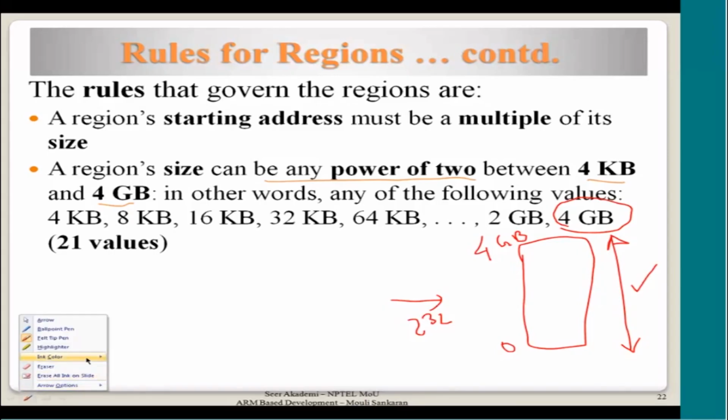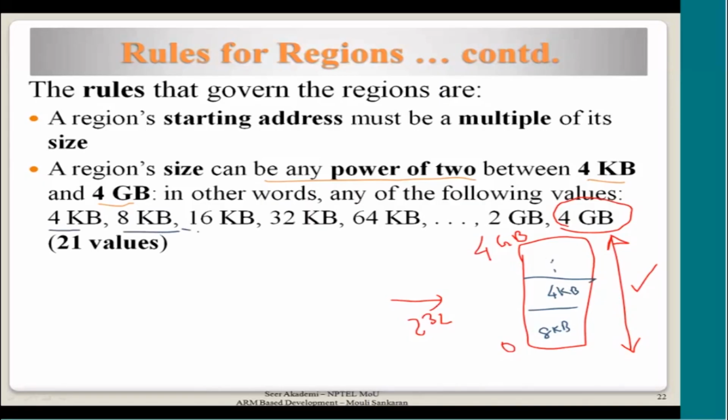Within that, we can define some other smaller regions, maybe starting with 4 kilobyte. Okay, we can define a region, maybe this is 8 kilobyte, something like that. You can keep on defining whatever regions you need of only these sizes. Okay, it will be 21 values. You can go up to maybe 1 MB. Then you will start all 2 power, right?